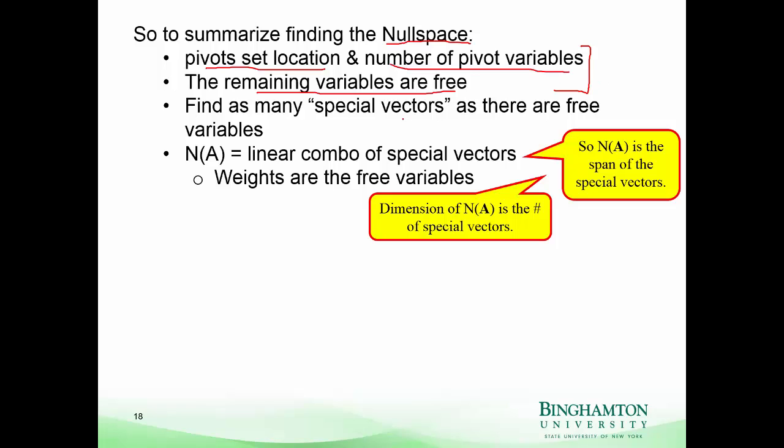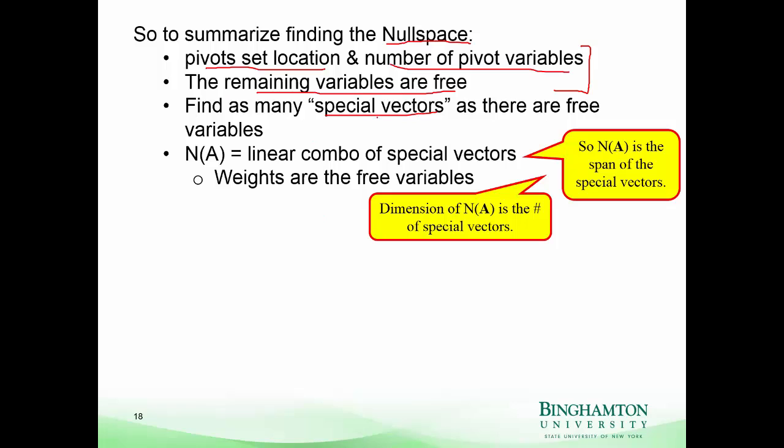And then for every free variable that we've found, there will be a special vector. We didn't talk about why these things are definitely linearly independent, but it comes from putting in those zeros and ones for the free variables, which ensures that these special vectors will be linearly independent from each other.